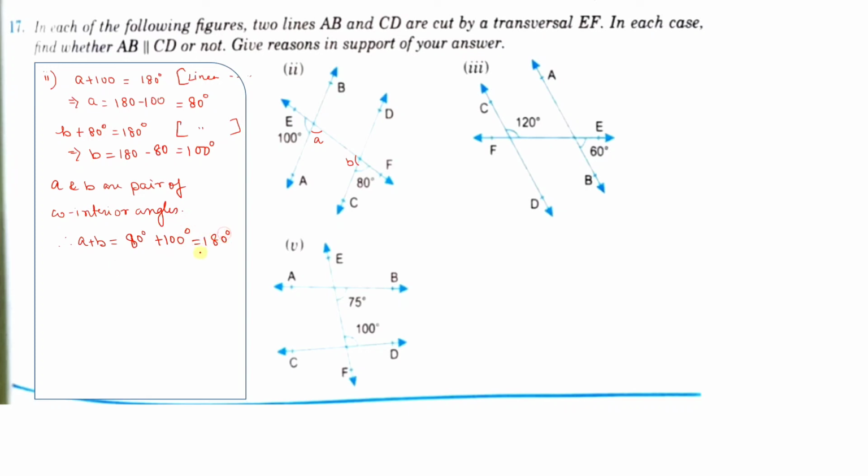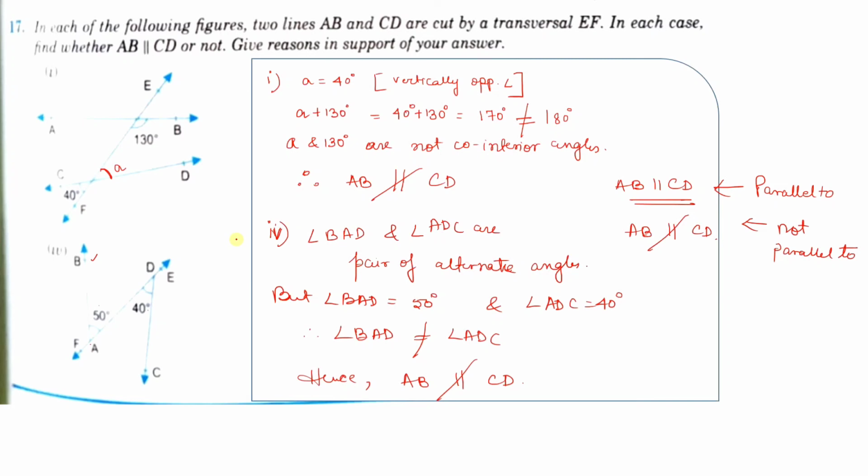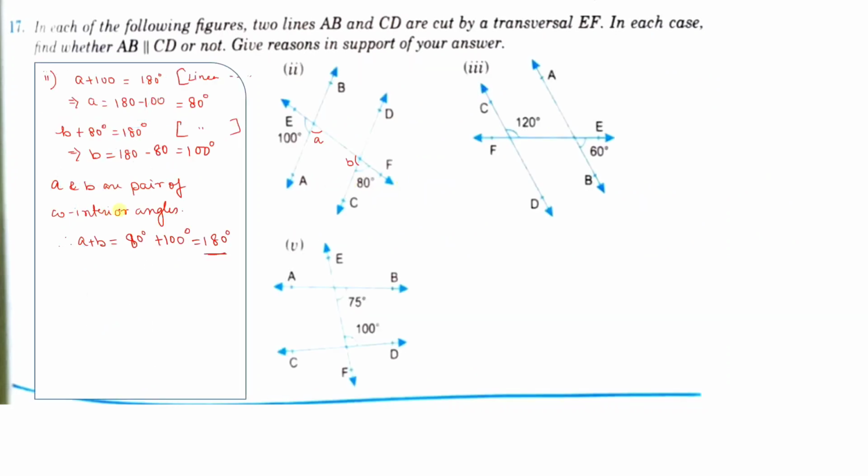Okay, like the last one, where on adding we were not getting 180 degree, so they were not parallel. But in this case here we are getting 180 degree, so this one will be parallel, meaning AB will be parallel to CD. Okay, this was number 2.